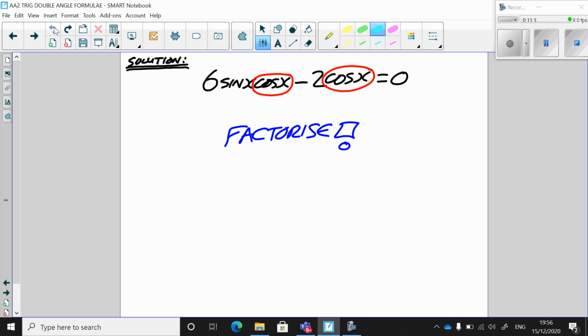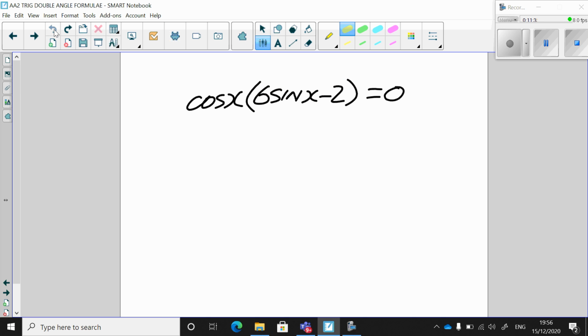It looks like I've got cos x in common, so I'm going to take that out and see what I'm left with. Can you see that when I take out cos x, I've got 6 sin x, take away 2. That should be in the bracket, and I should have cos x at the front. That's what I've got there. Now, what's that times that equals 0?